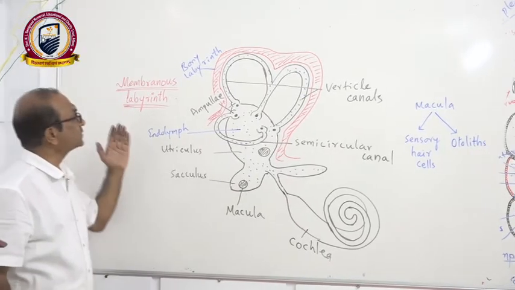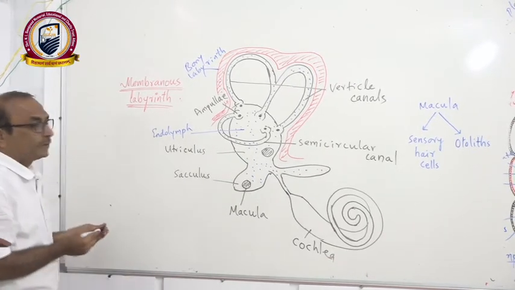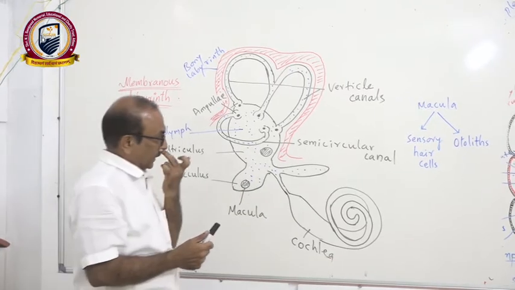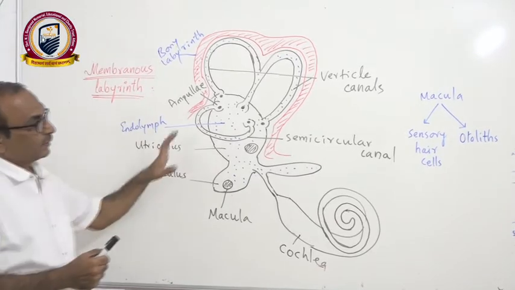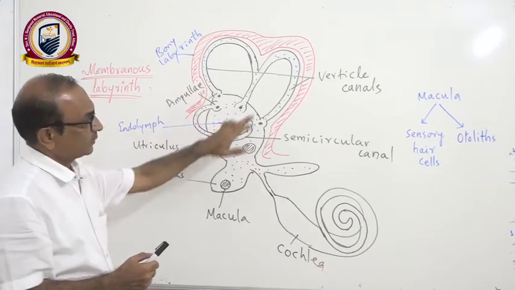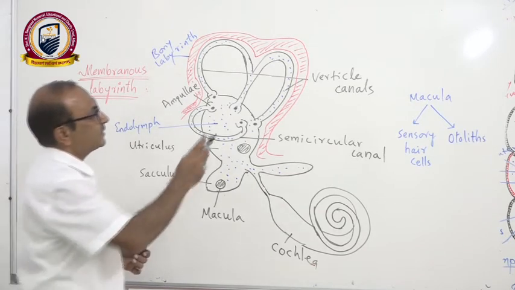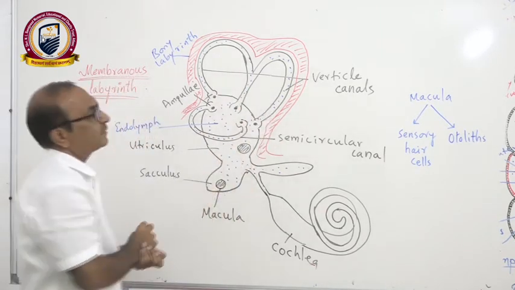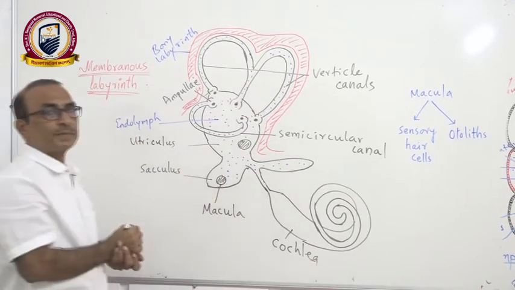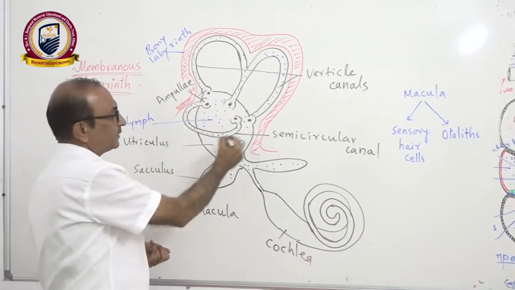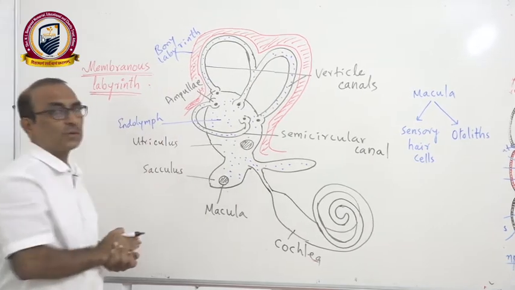Okay, now let us know about the membranous labyrinth, which is the organ of balancing. As we have already seen in the previous diagram, here I have drawn a separate diagram of the membranous labyrinth, where you can see the two vertical semicircular canals which have a common duct here, and then a third one, the horizontal semicircular canal: two vertical, one horizontal.